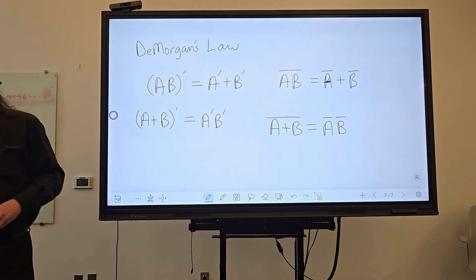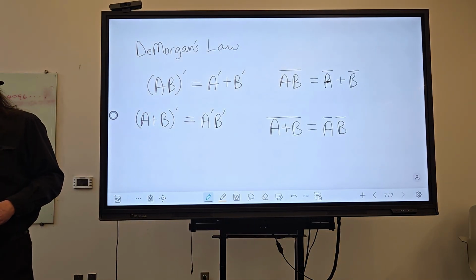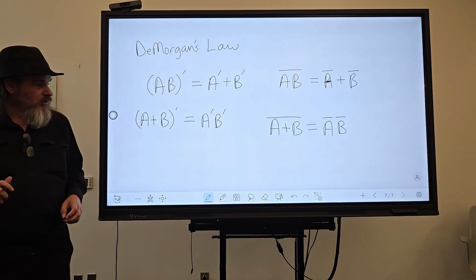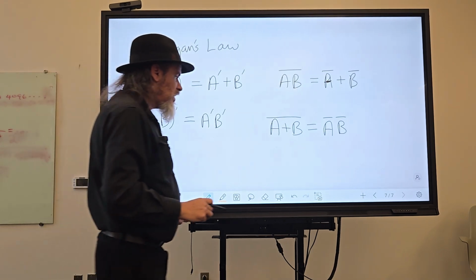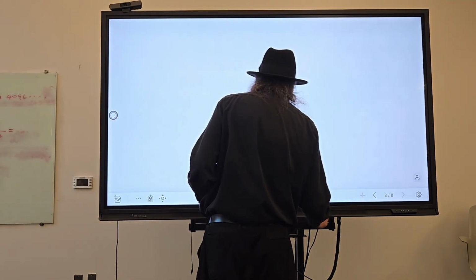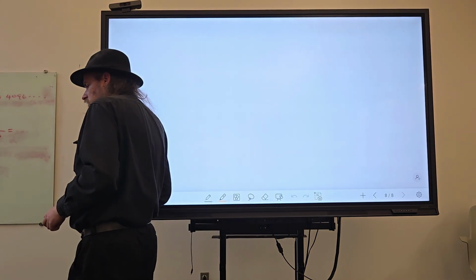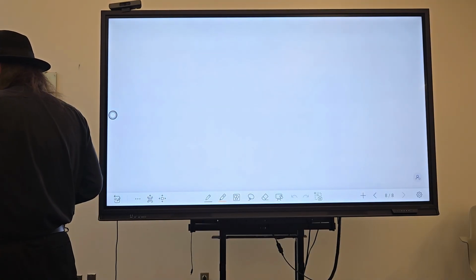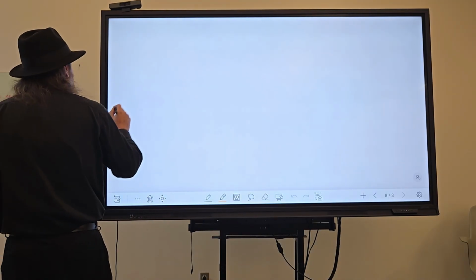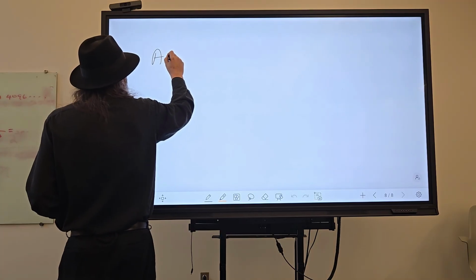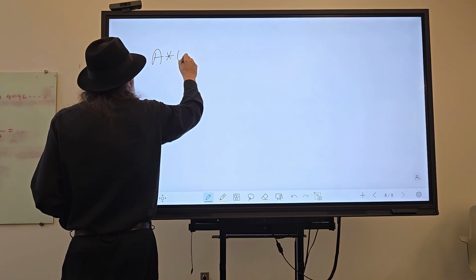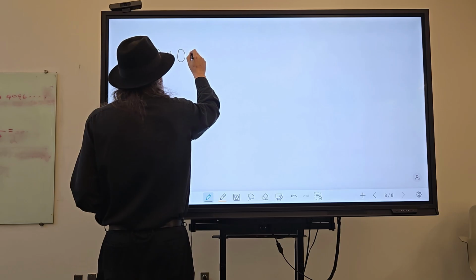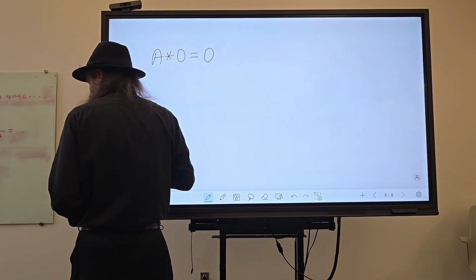Let's see here. Some important properties to remember when dealing with digital logic. A and 0 equals 0.